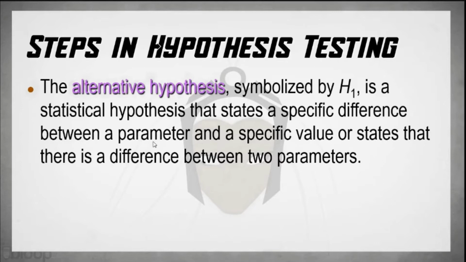So, ibig sabihin, si null hypothesis and si alternative hypothesis, they are antonyms, kumbaga. Magkabaliktaran silang dalawa. So, si null hypothesis, sinasabi niyang walang difference. Si alternative, parating merong difference. That is the difference between the 2 types of hypothesis.